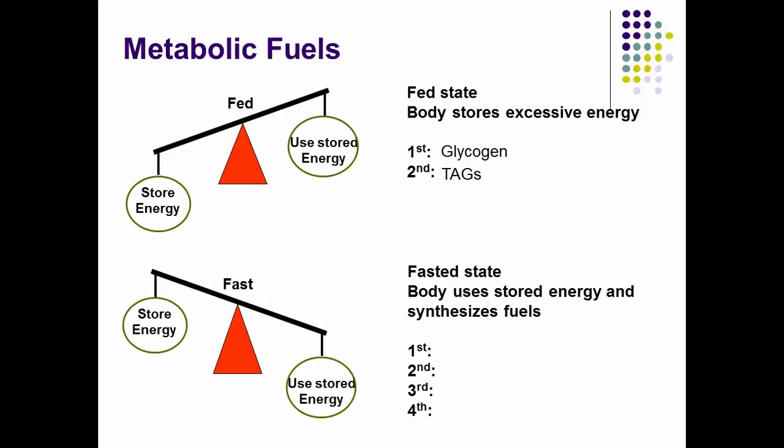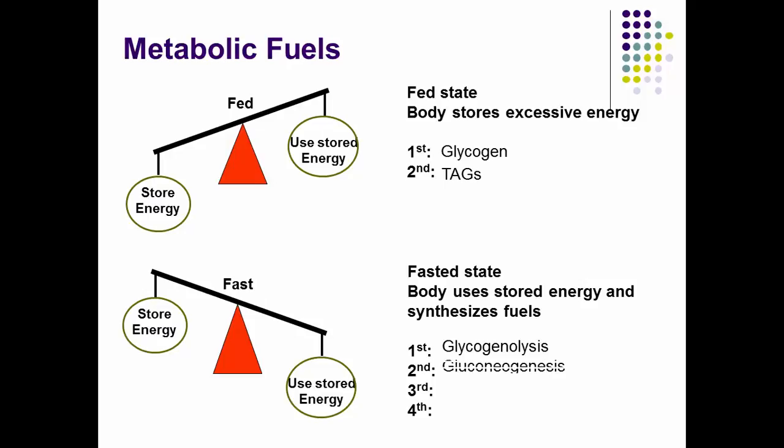That means we utilize the stored energy and meantime also synthesize fuels, right? If stored energy is not enough to provide energy, then we also need to make energy fuels. So first, we start to break down glycogen to glucose and supply glucose to the other tissues.